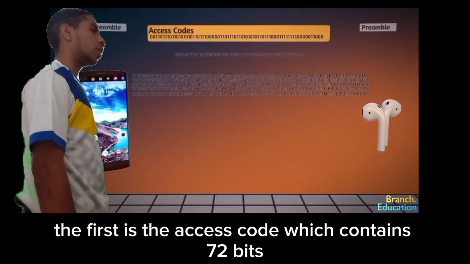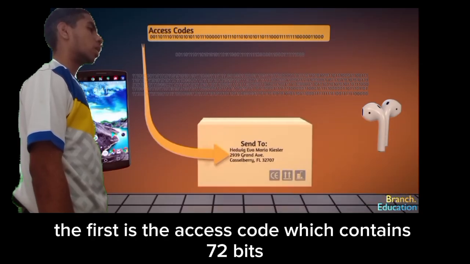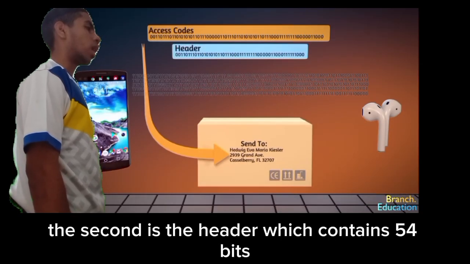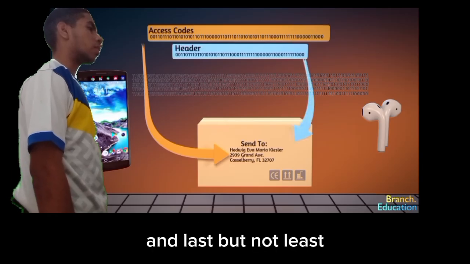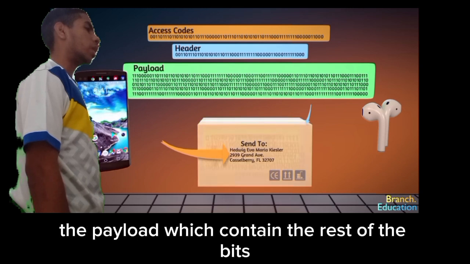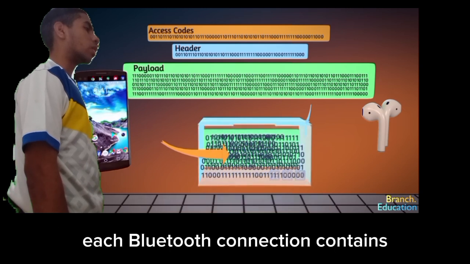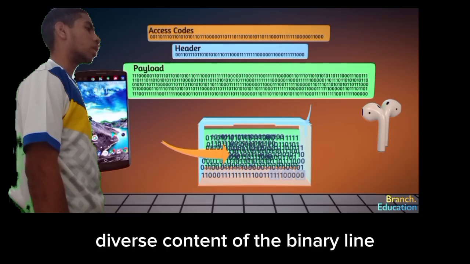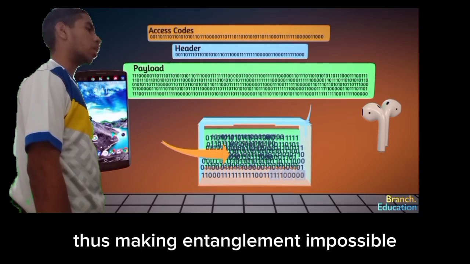The first is the access code, which contains 72 bits. The second is the header, which contains 54 bits. And last but not least, the payload, which contains the rest of the bits. Each Bluetooth connection contains diverse content of the binary line, thus making entanglement impossible.